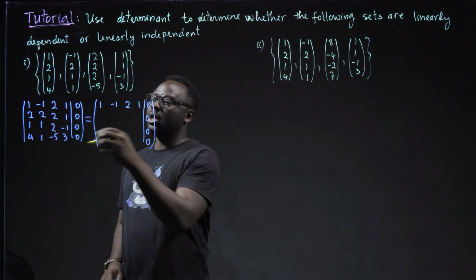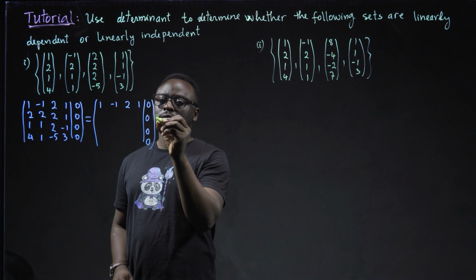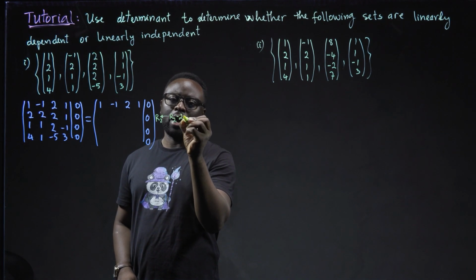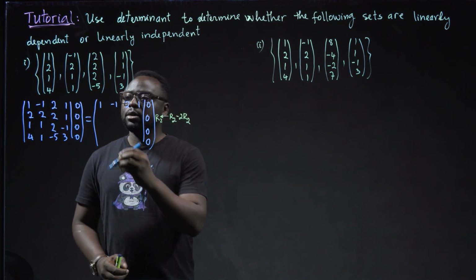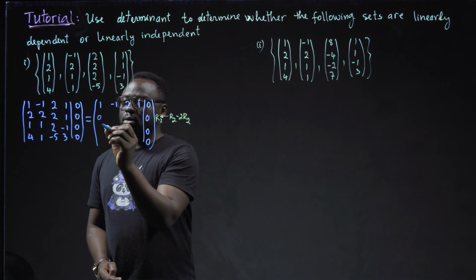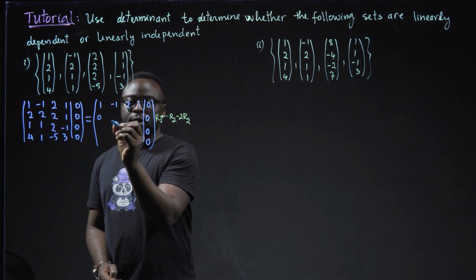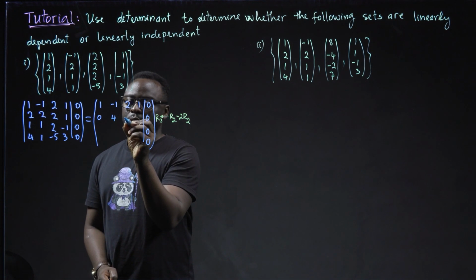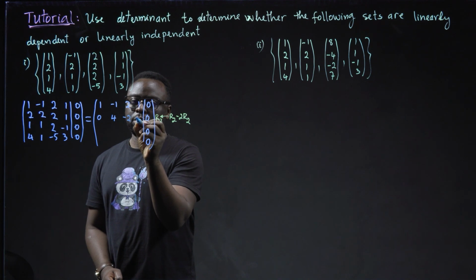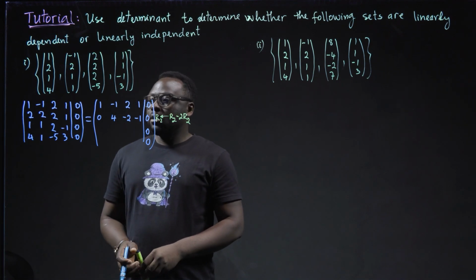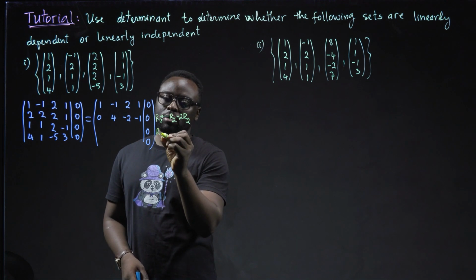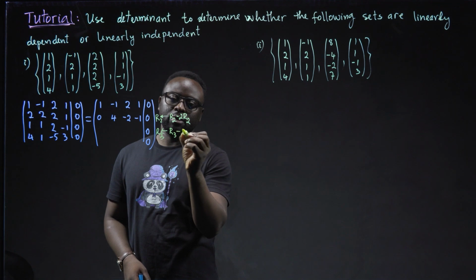Because of these two, if we say that R2 becomes R2 minus 2R1, then this becomes 0. Here we have 2 minus 2, this is 4. Here is minus 2, and here it should be minus 1. In the same way, here we have 1 and 1 for the third row. So the third row becomes R3 minus R1.